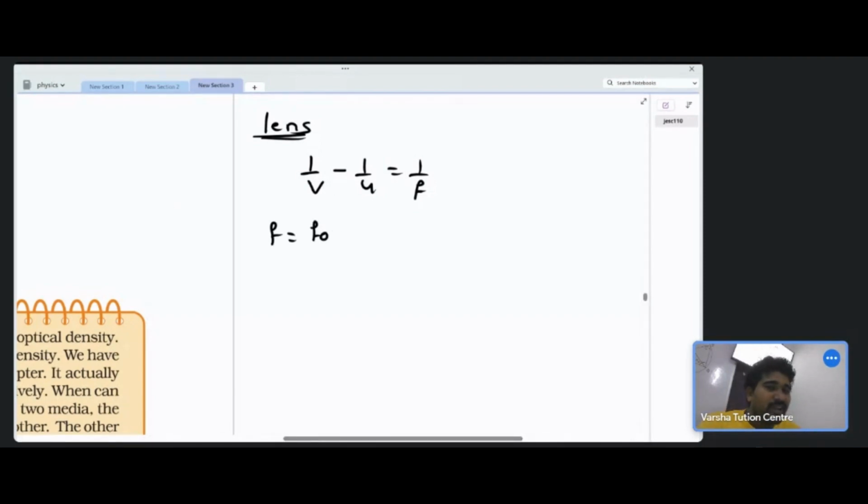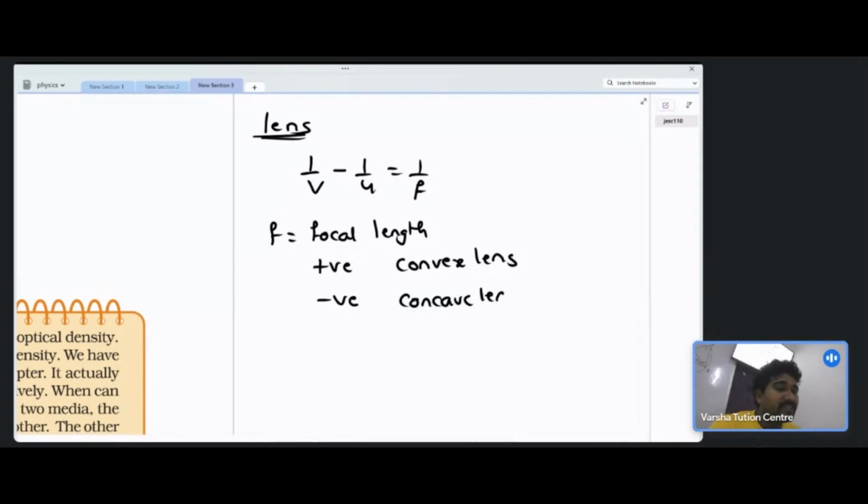Focal length. Correct, sir. This F can be positive or negative. For which lens is it positive? For convex lens it is positive. For concave lens it is negative.